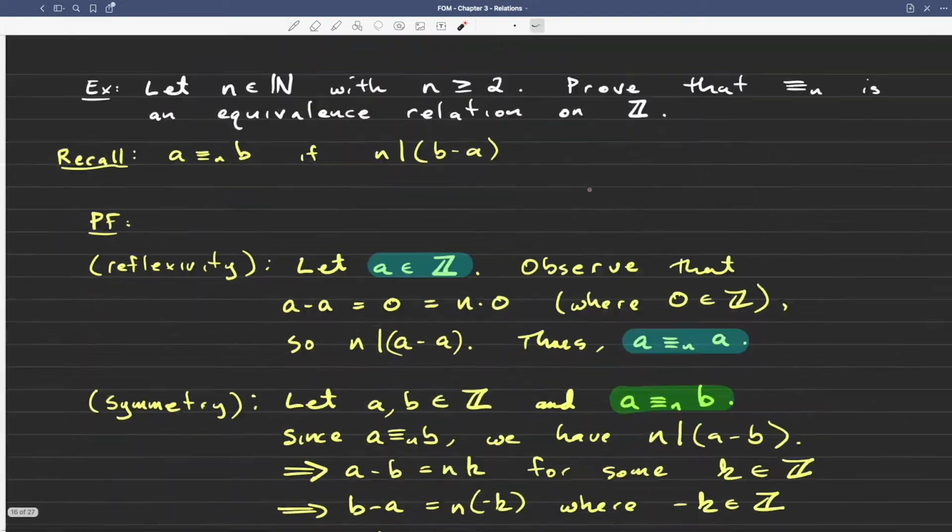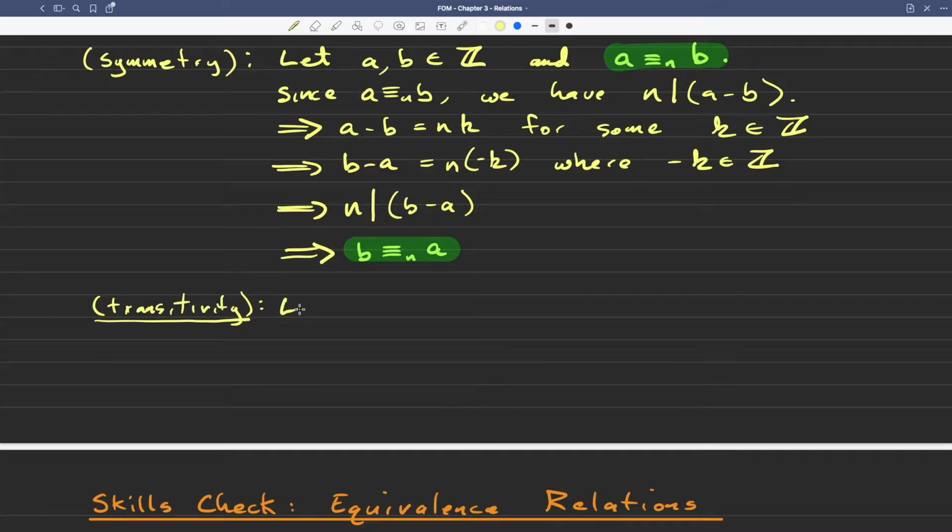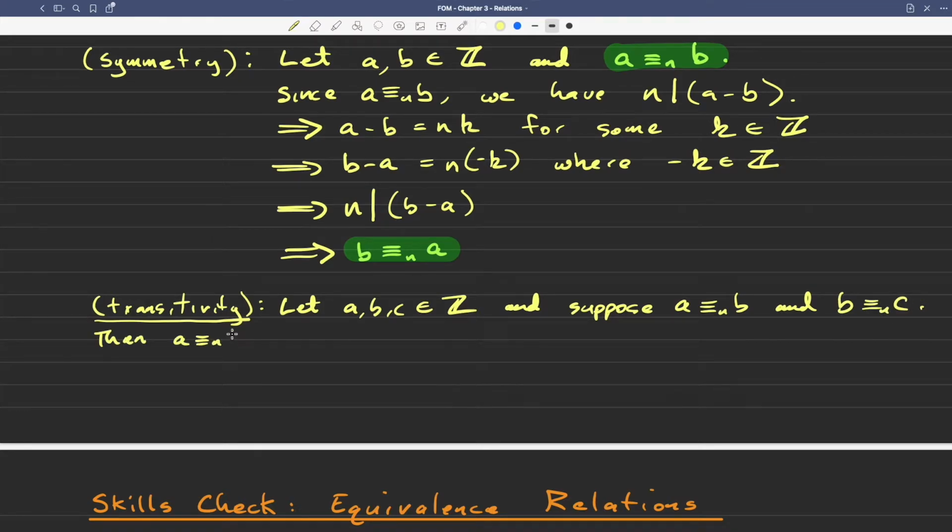Setting up the proof here, let a, b, and c be integers, and suppose a is congruent mod n to b, and b is congruent modulo n to c. A being congruent to b mod n implies n divides a minus b, and b being congruent to c mod n tells me that n divides b minus c.